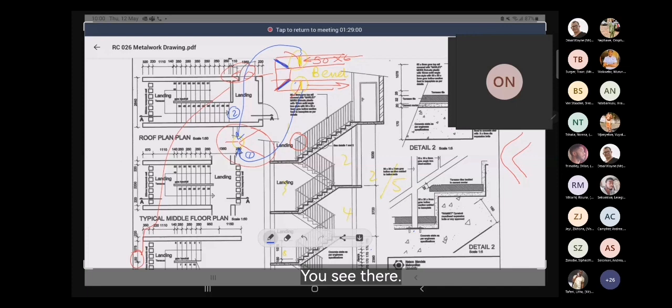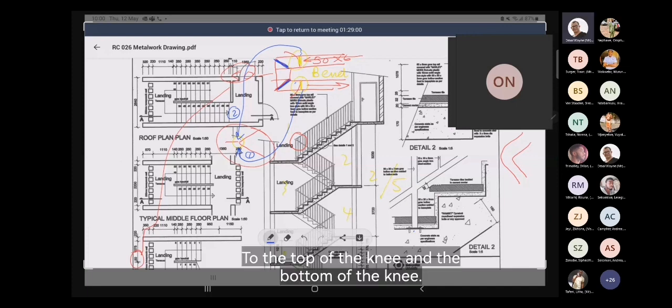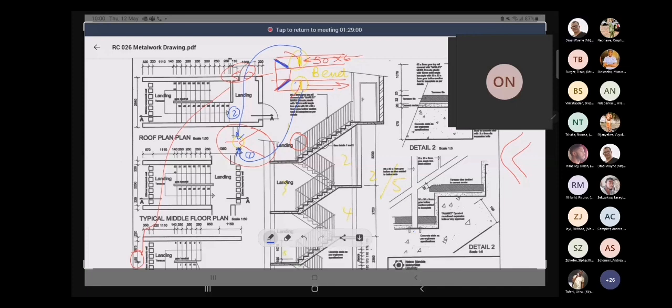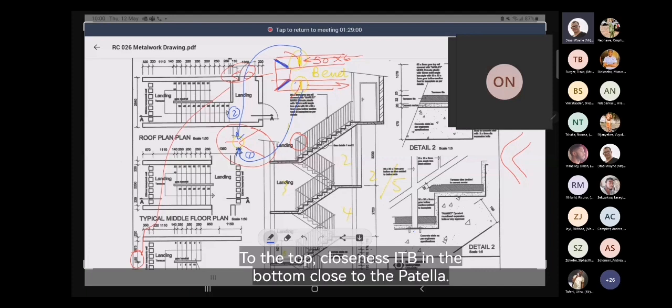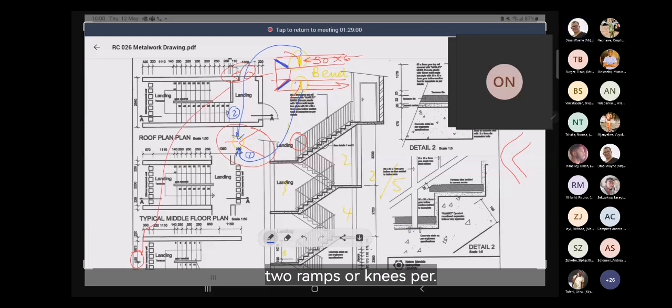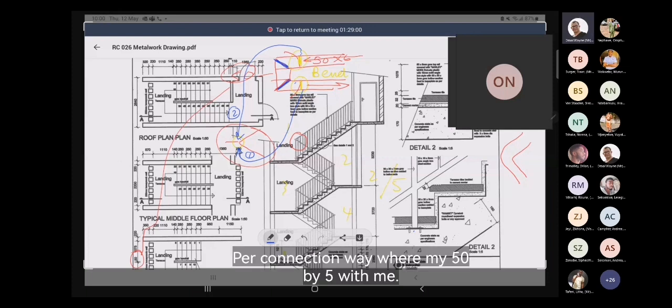You see there? The top of the knee and the bottom of the knee. So at the top close to the ITB and the bottom close to the patella. That's how I look at it. So I have 2 ramps or knees per connection where my 50 by 5 would meet.